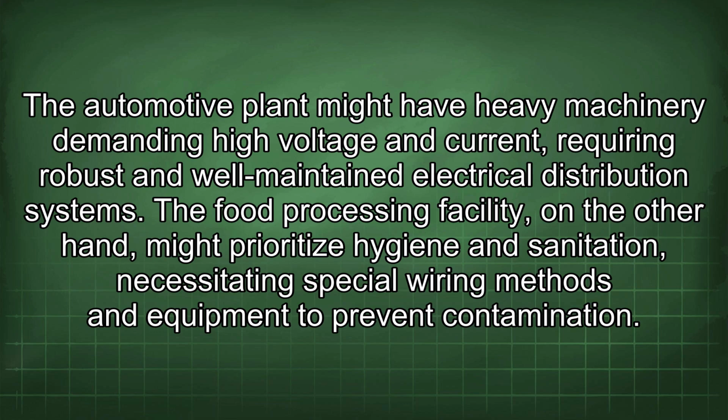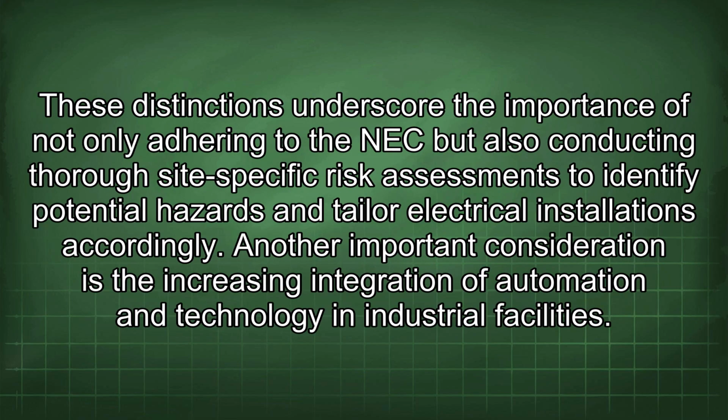The food processing facility, on the other hand, might prioritize hygiene and sanitation, necessitating special wiring methods and equipment to prevent contamination. These distinctions underscore the importance of not only adhering to the NEC but also conducting thorough site-specific risk assessments to identify potential hazards and tailor electrical installations accordingly.